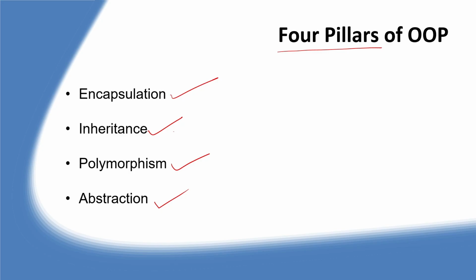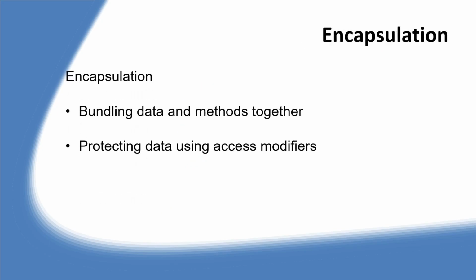But for now, just to have an overview and basic understanding, let's briefly understand what each one means. We'll start with encapsulation. Encapsulation means wrapping data and methods into a single unit.